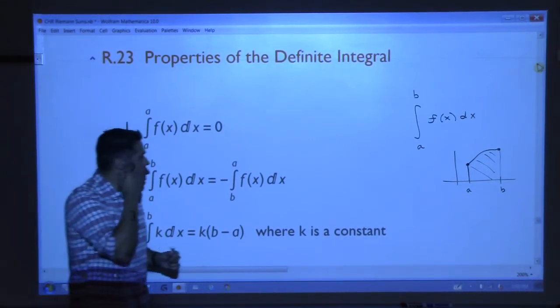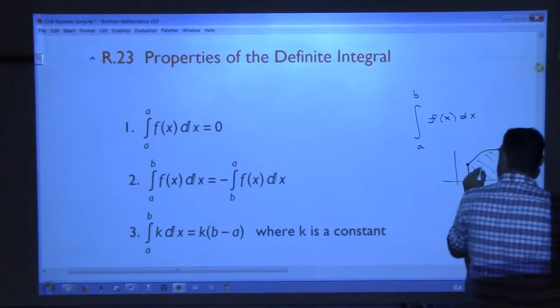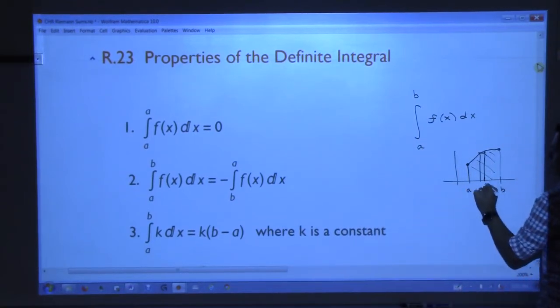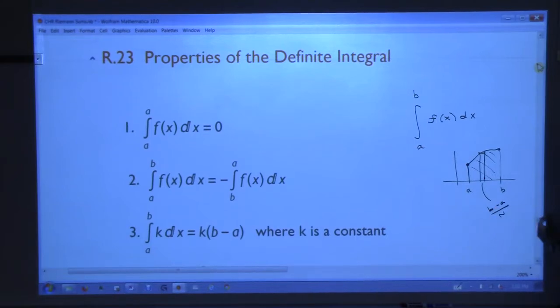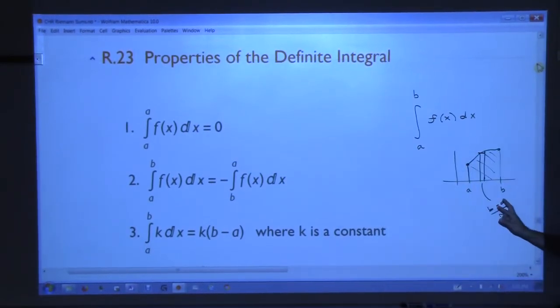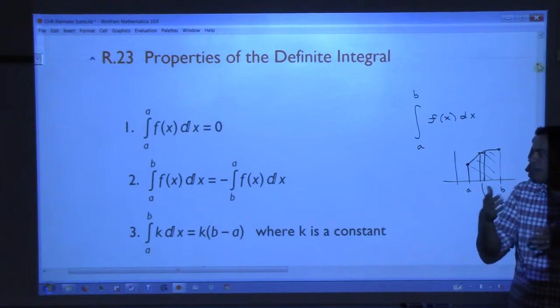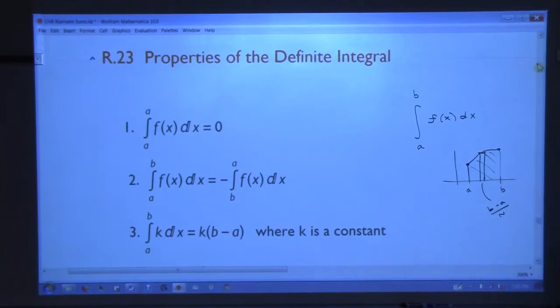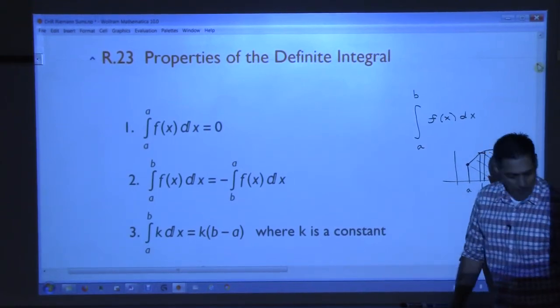That has to do with the fact that when we did these little rectangles, the width of each rectangle we said was (b minus a) over n. I don't know if you remember that from our formula. But when we go backwards, these switch places and this becomes a negative number. So instead of getting a bunch of positive little widths, you have negative widths, and when you get the area, it switches the sign of everything. So that's a property.